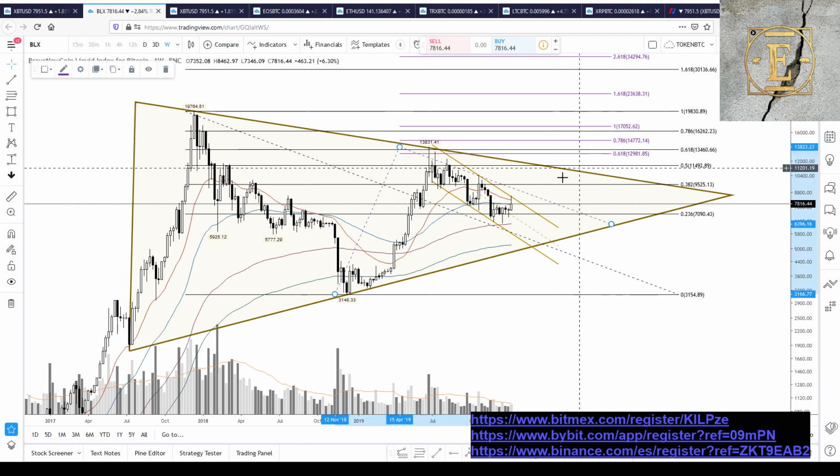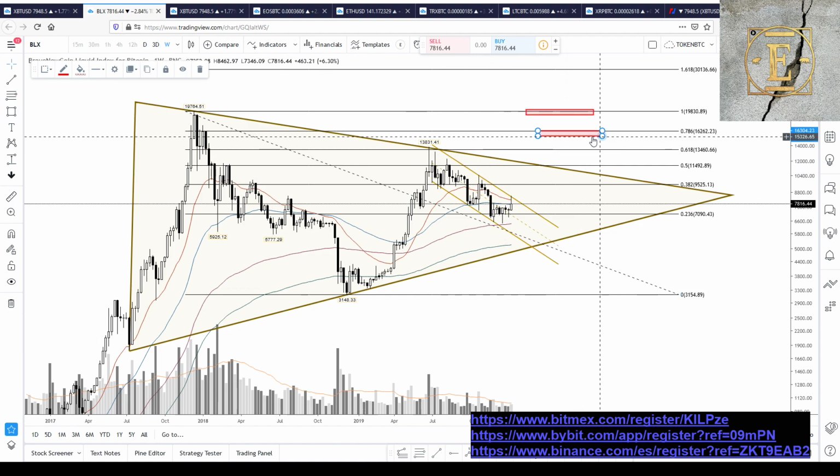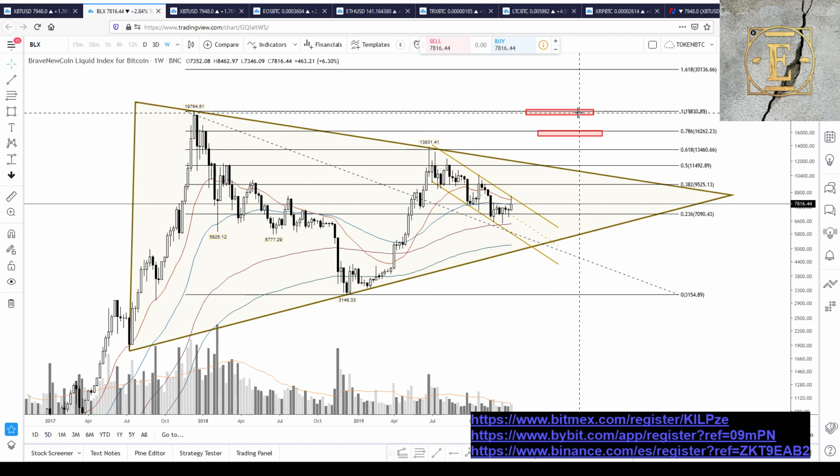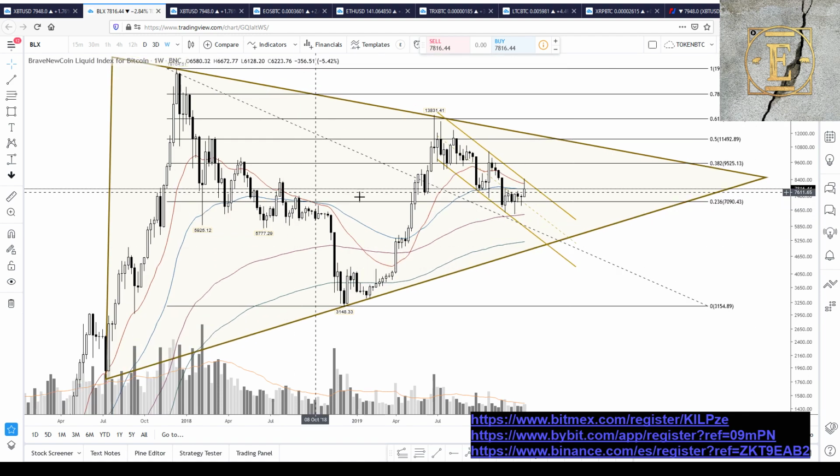In this case, if I think that the price is going to break the triangle, I'm going to look for this area, and that area. Okay, so for me, the Fibonacci retracement tool is enough. The next thing you need to know is that I'm not only using this, I am going to look for the support and resistance.